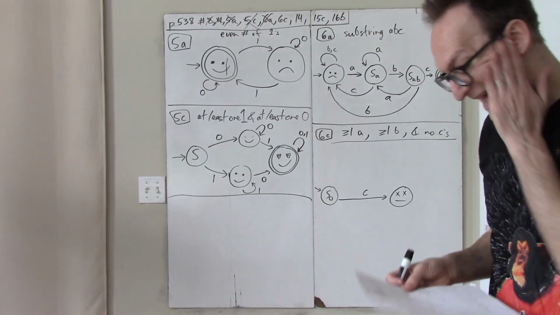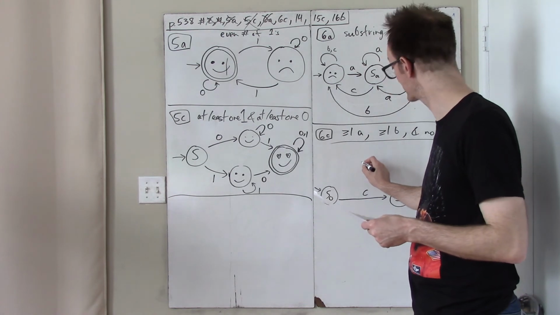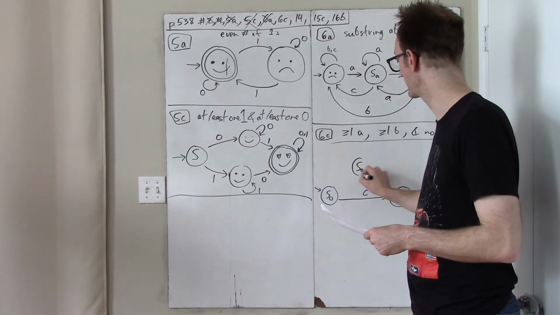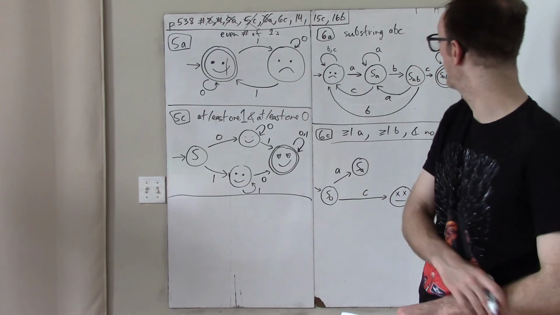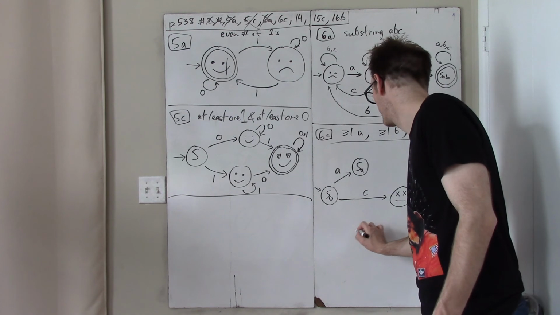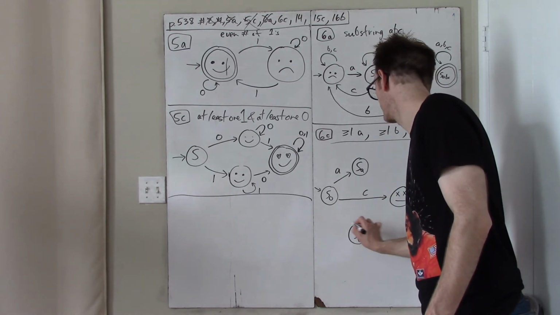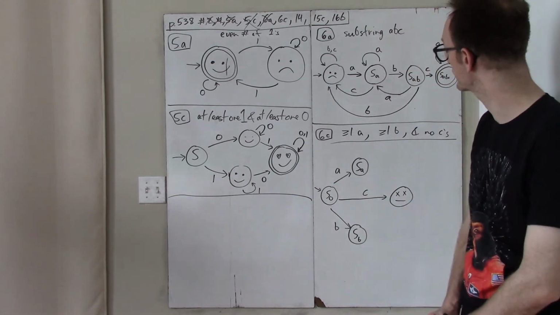Good. However, if an A occurs, so let this be the state represented by "an A has happened," now there's still hope. In fact, this is getting good because I need an A and a B. And if a B occurs, well, that's also good because I need a B to occur somewhere in this string.